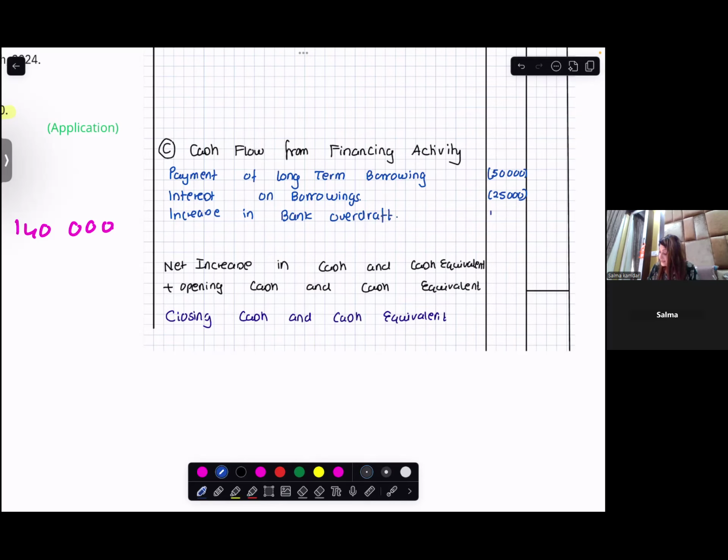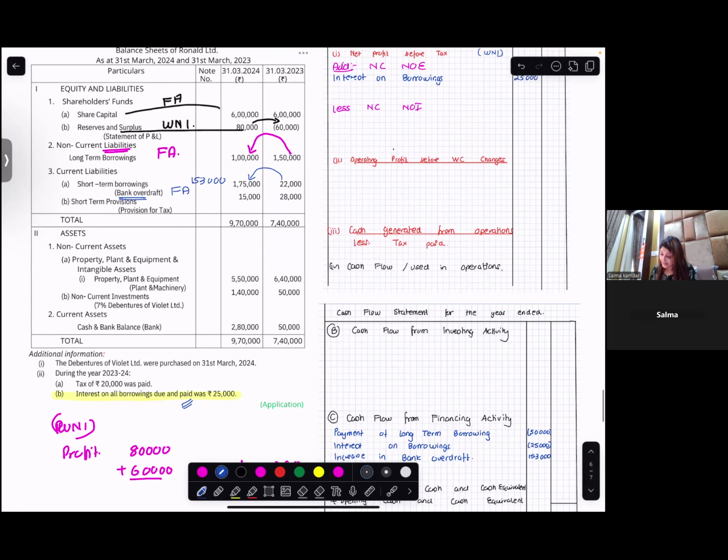Because of this, you are getting money to use. It's an inflow for you. Money to use. Finance you are getting. Financing activity. Okay. Now you come to your tax.